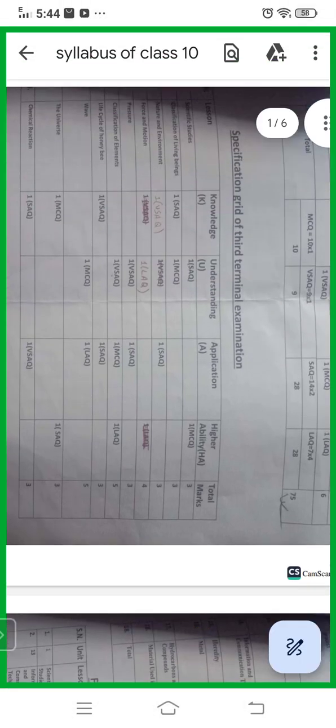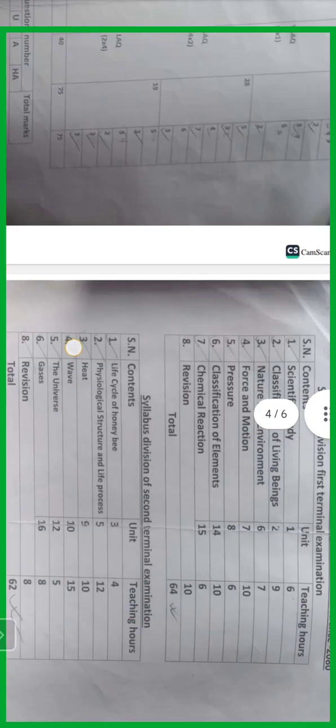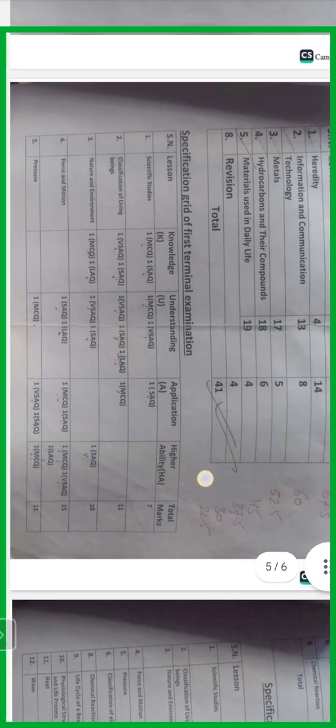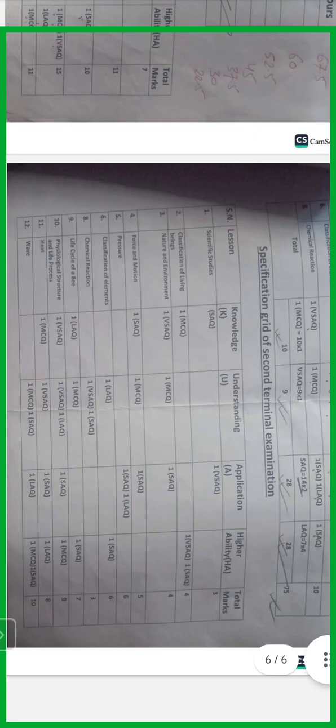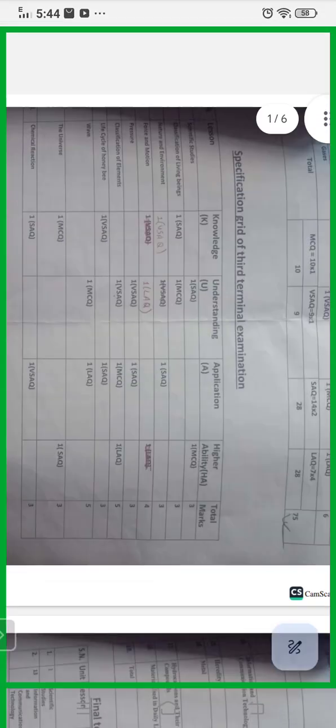After first terminal, third terminal comes, so this is the second terminal question.